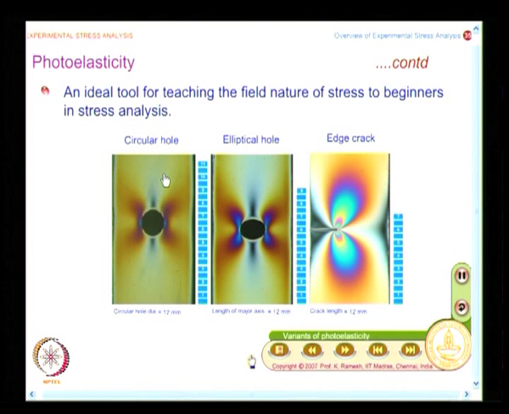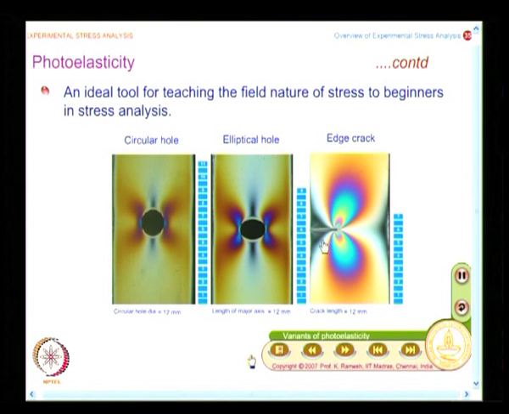So, for an infinite plate with a small circular hole, or an infinite plate with a small elliptical hole, an analytical solution is possible, and this goes by the person who first solved the problem. You have this as Kirsch's problem in theory of elasticity, this as Inglis's problem, and once you come to the crack, many have contributed.